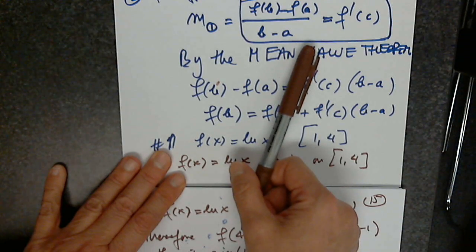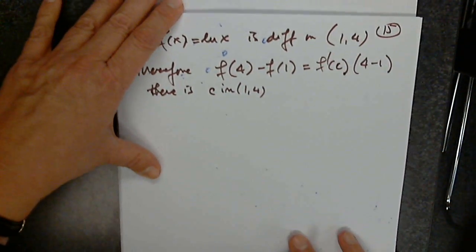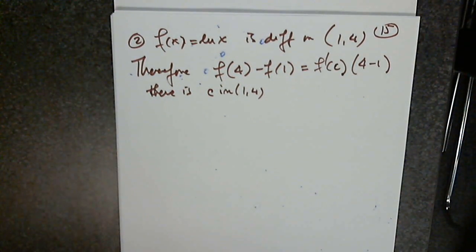That's fine too. It's the same thing. Here I just cross multiplied. The function is continuous on 1, 4, closed, and differentiable on 1, 4. So therefore, there must be a c in the interval 1 comma 4 such that f of 4 minus f of 1 equals f prime of c times 4 minus 1.